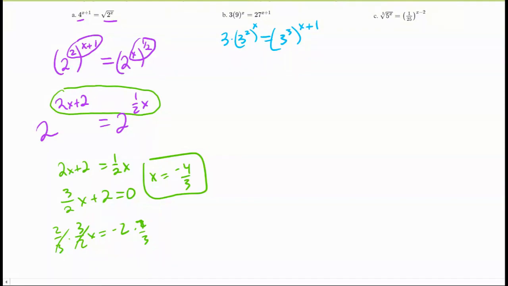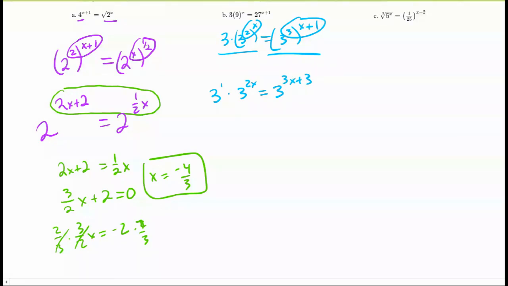Let's see here, how am I going to work with this? Oh, I got it. Okay, so it took me a second there, but really what I should be doing here, I'm going to still do my same idea here where I'm multiplying power of power, but I have 3 to the power of 1 times 3 to the power of 2x equals 3 to the power of 3x plus 3.